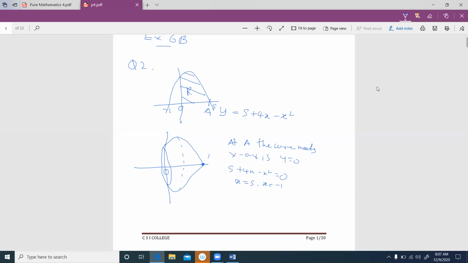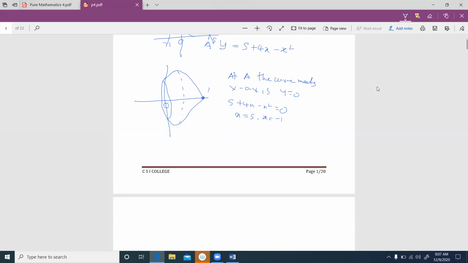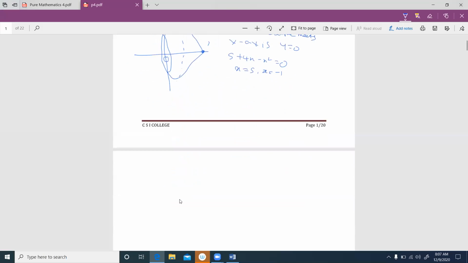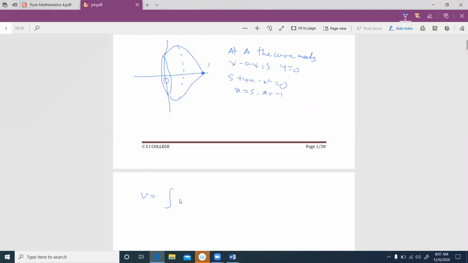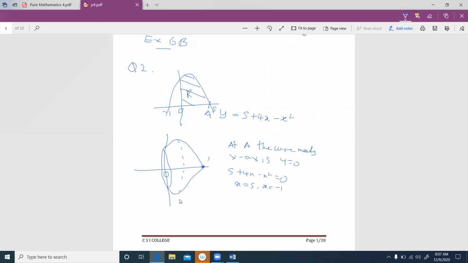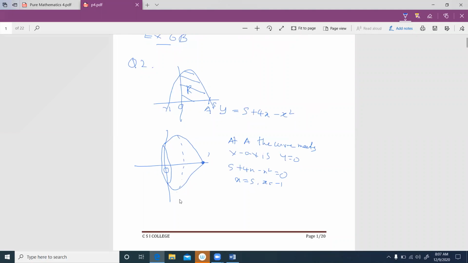Therefore, if you need to find the volume, you have to integrate the curve. The volume is the integration over the range where the function exists. It is not from minus 1 to 5, because they are only concerned with this bit of the area, from 0 to 5.